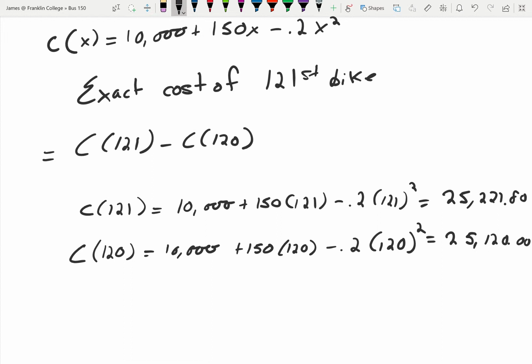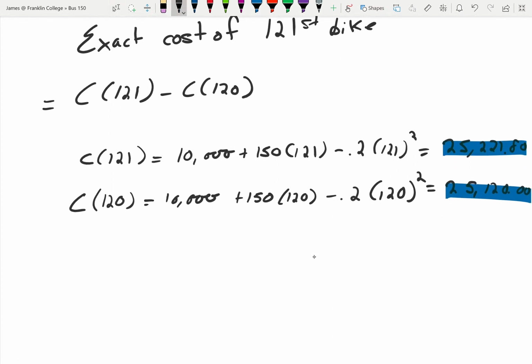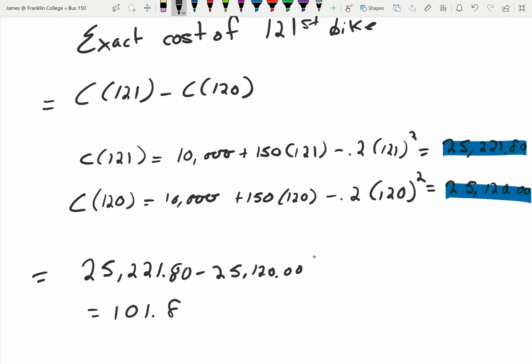So if we know the total cost of producing 121 bikes, and we know the total cost of producing 120 bikes, the exact cost of producing the 121st bike will be the cost of producing 121 bikes minus the total cost of producing 120 bikes, which is 101.80. So that's how we can calculate the exact cost of producing the 121st bike.